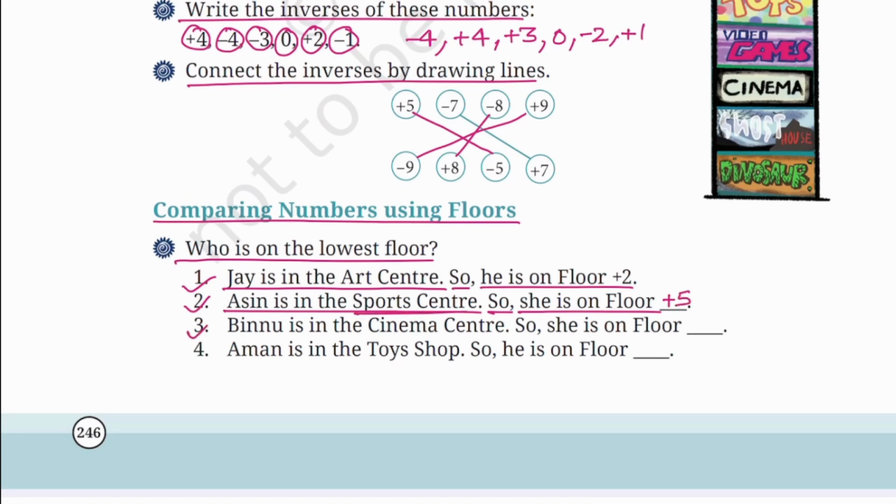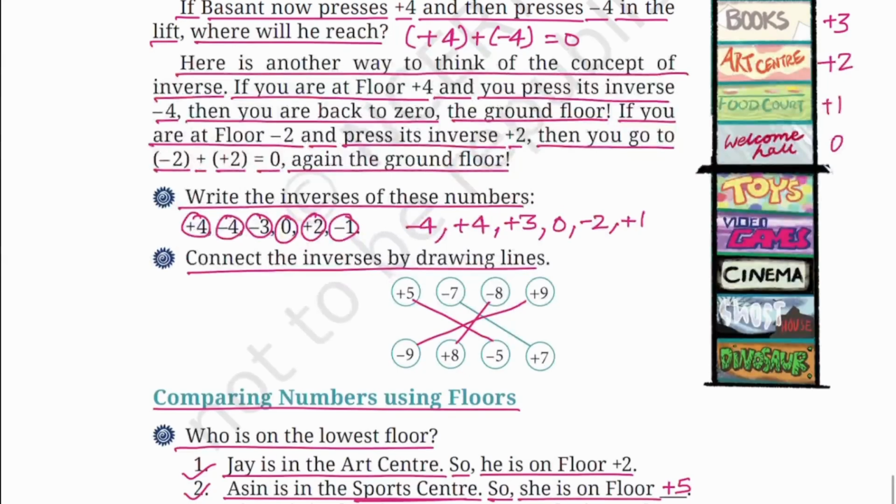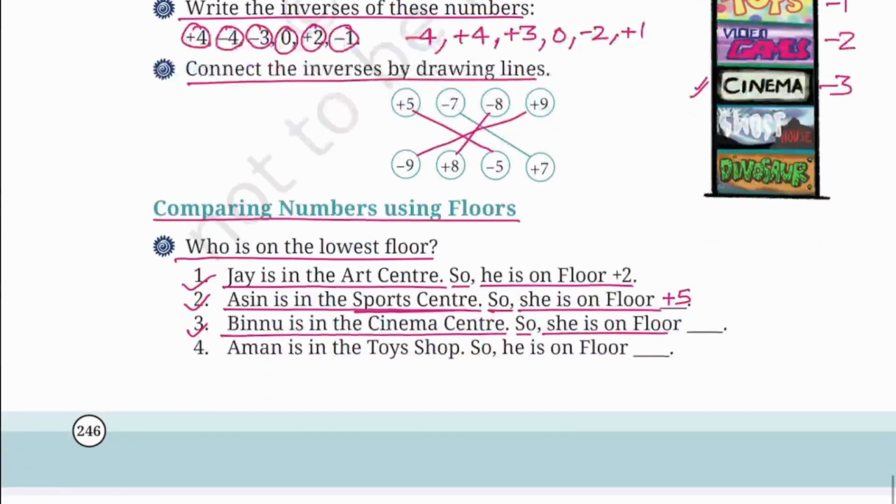3. Binnu is in the cinema center, so she is on floor. Cinema center is here. She is on floor -3. 4. Aman is in the toys shop.